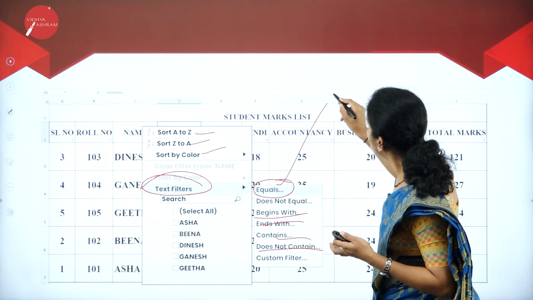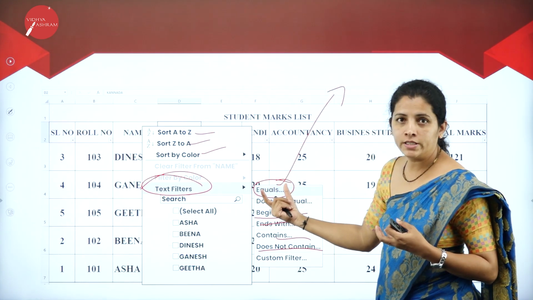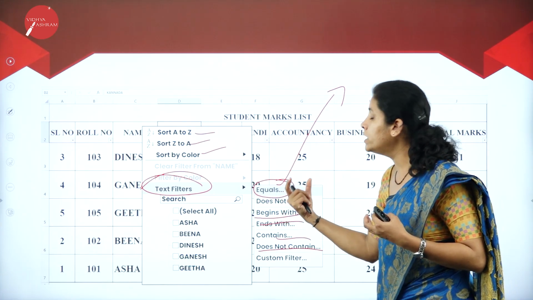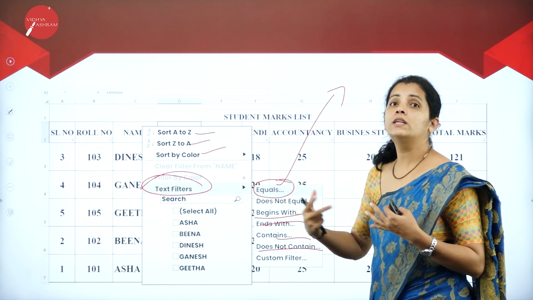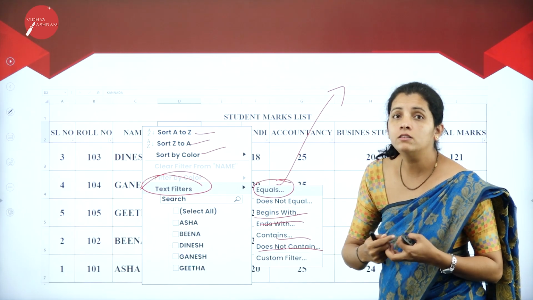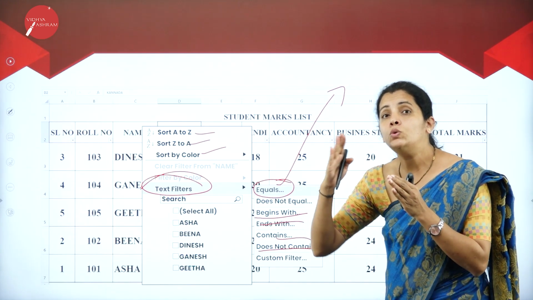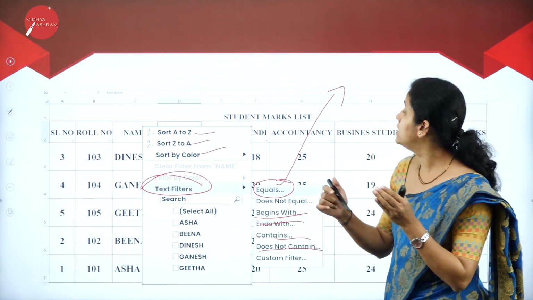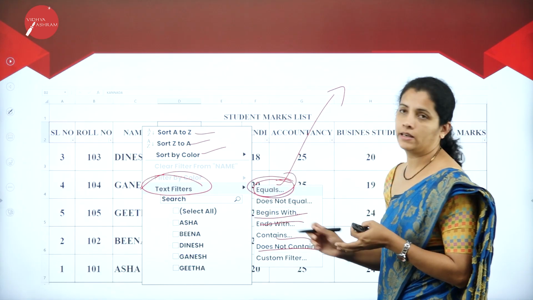Suppose I'm going to use the option or criteria called equals, then what is the value I'm going to get? The two values which are equal, I'm going to get.